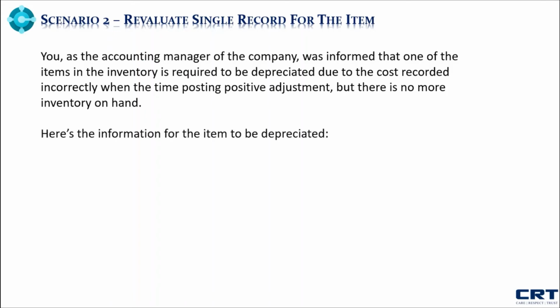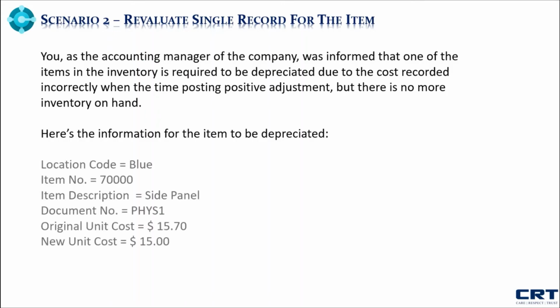So here's the information for the actions to be done. Okay, so still the same. The revaluation is still going to happen on the location blue, which is the item side panel having the item number of 70,000 and the wrong cost recorded with the document number of fees 1.